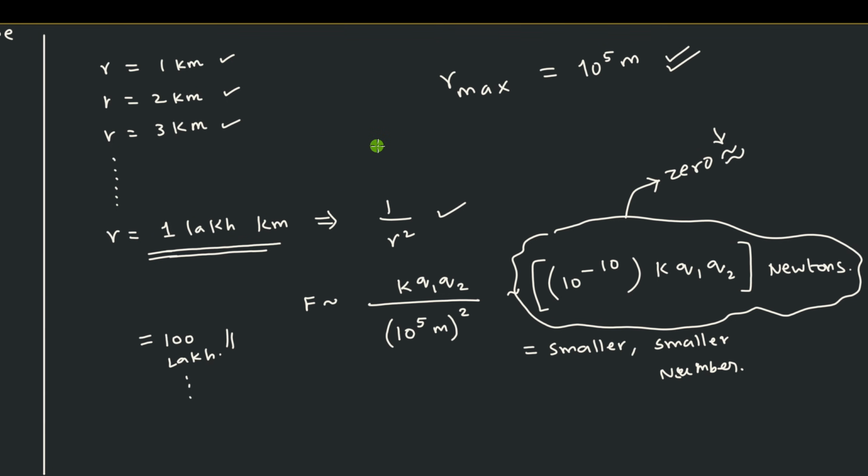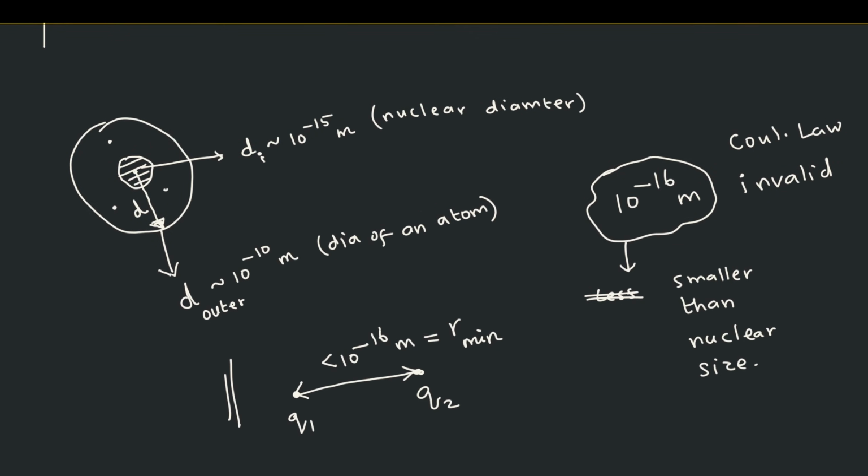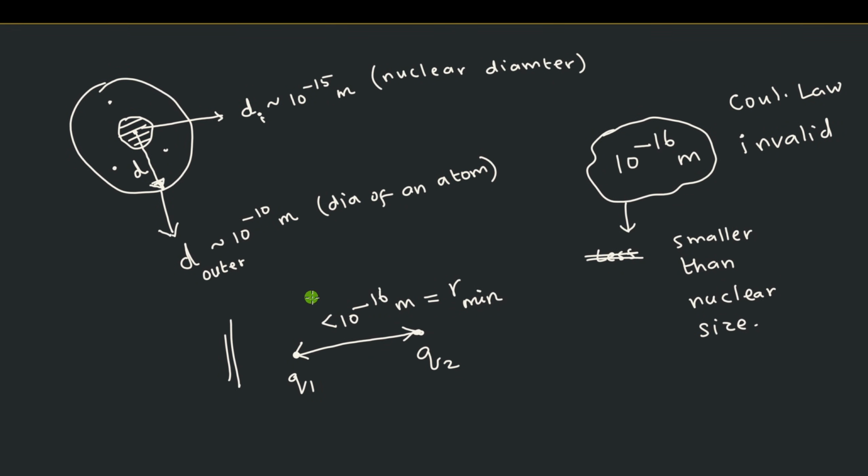So interestingly, on the higher side, whatever maximum possible distance that you are going to travel, for all those distances, the Coulomb's law is valid. The only place where the Coulomb's law breaks down is on the smaller side, 10 to the power of minus 16 meter. The reason being that nuclear forces will take over.